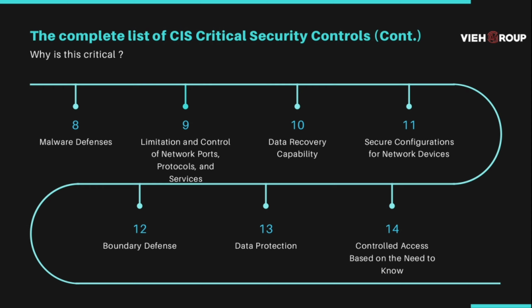Organizations must use appropriate processes and tools to mitigate the risk of data exfiltration and ensure the integrity of sensitive information. Data protection is best achieved through the combination of encryption, integrity protection, and data loss prevention techniques. So why is this critical?